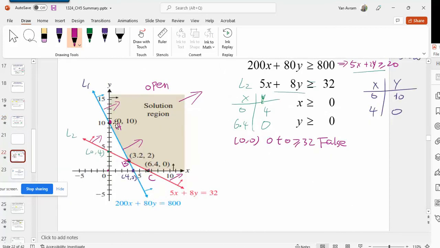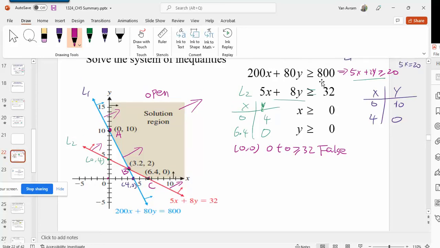So you can have 0 brown rice and 10 servings of skim milk. It will serve the purpose. Or you can have 3.2 servings of brown rice and 2 servings of skim milk. Or you can have 6.4 servings of brown rice and 0 servings of skim milk. They all work. They all meet this minimum requirement, right?